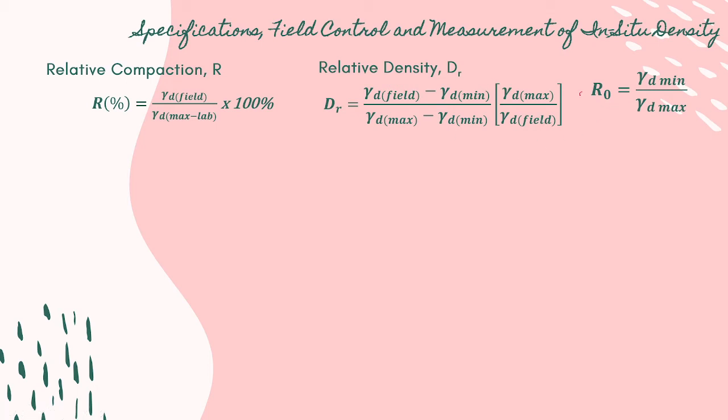So from this equation, we can write that the minimum dry unit weight is equal to R sub O times the maximum dry unit weight, as well as the field dry unit weight, which is equal to R times gamma d max.